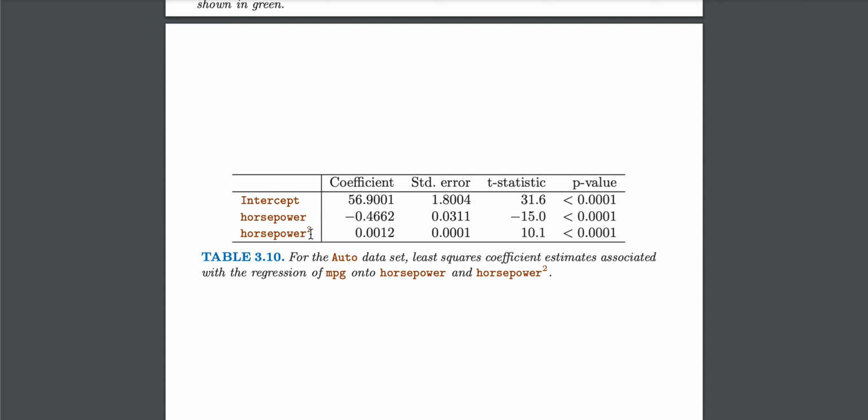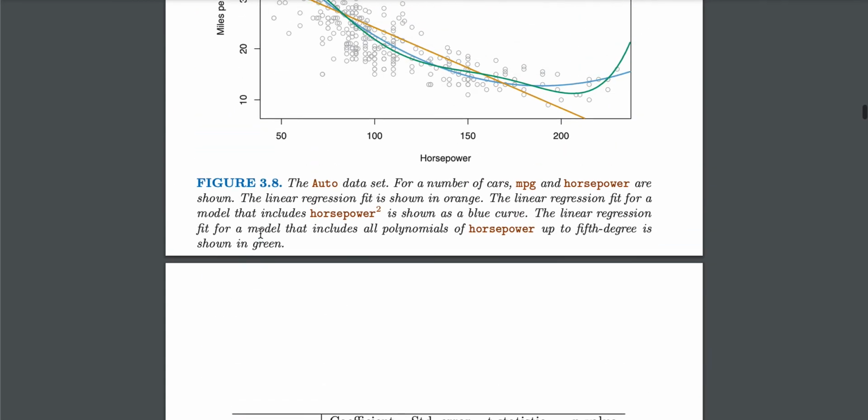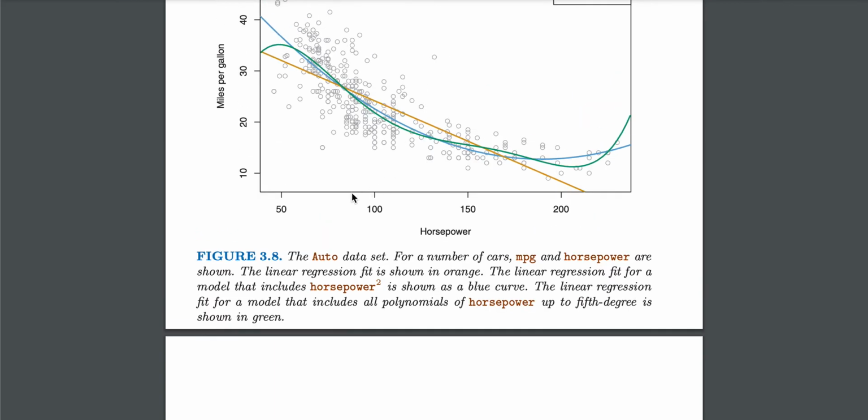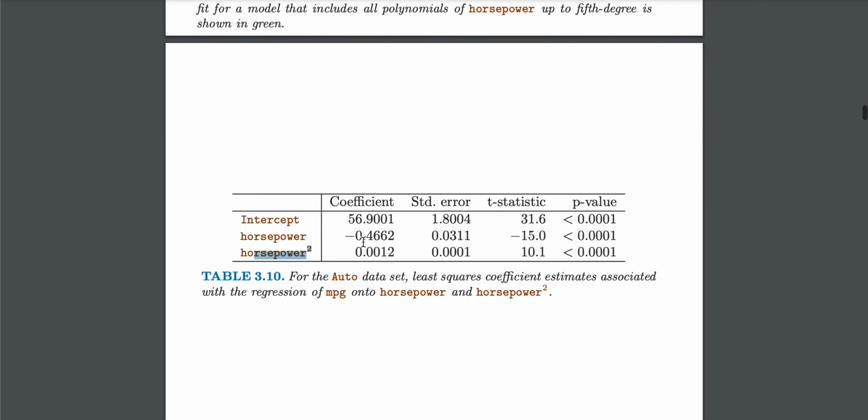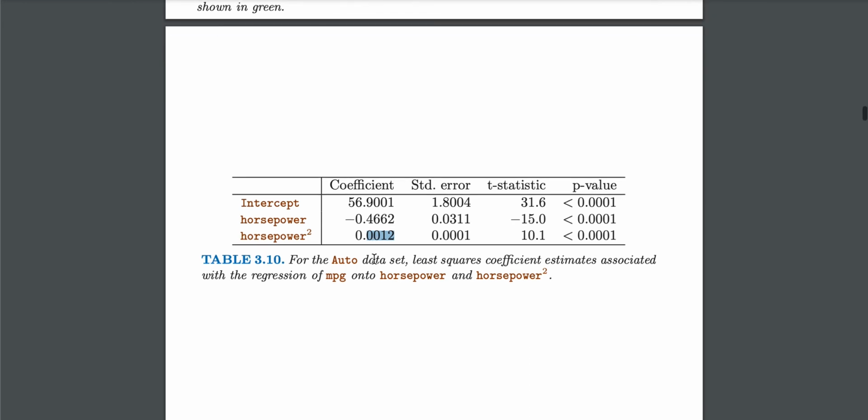It's because when you square it, horsepower is in the order of hundreds, like 10 to the power of 2. So when we square it, it goes to the 10 to the power of 4. So in order to account for that greater scale, the coefficient will become smaller. That is what is happening here.